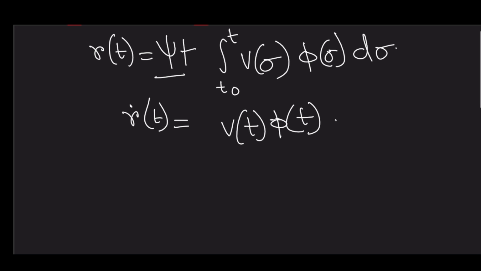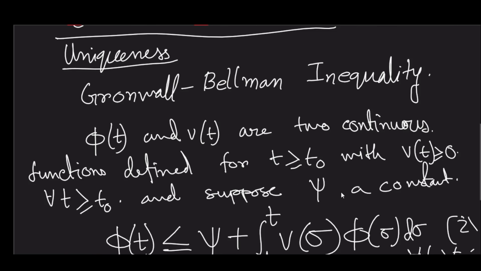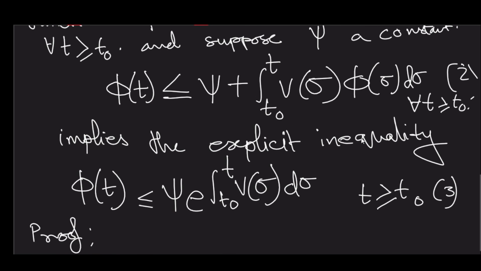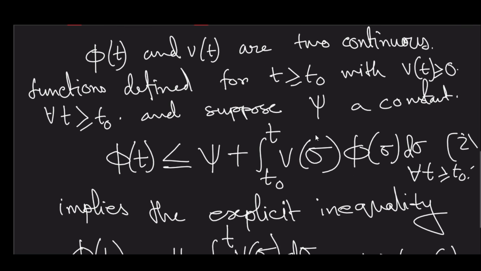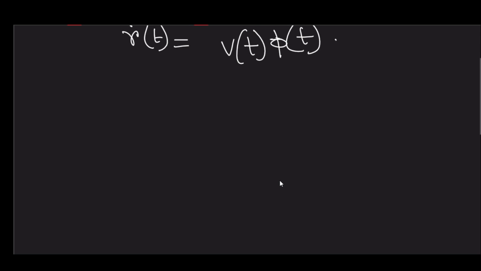Now here one thing that we should not forget, that v t, I have mentioned in the last page that by definition, v t is always non-negative, right? So if v t is non-negative, that is a very important property here.